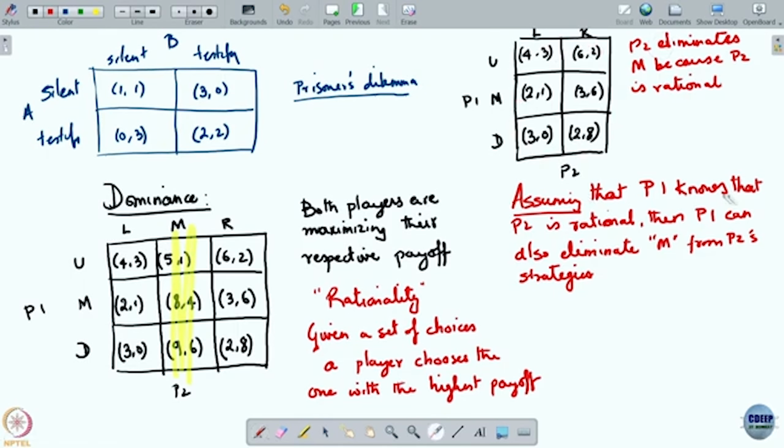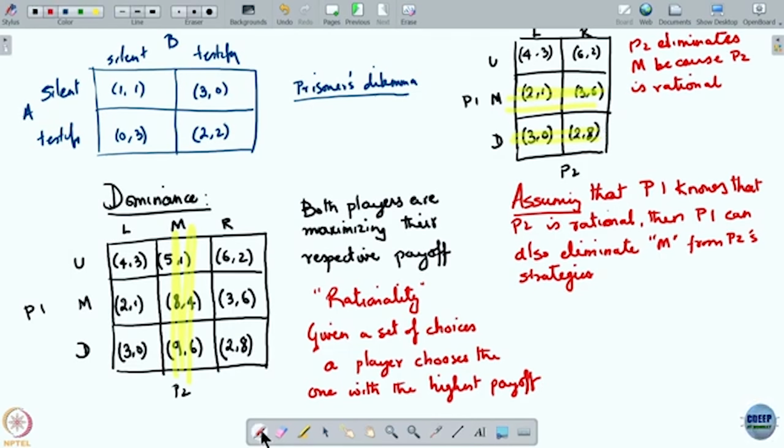If I assume that player 2 knows that player 1 knows that player 2 is rational, then player 1 is also looking at this matrix, and in this matrix now U is better than both M and D for player 1. So, player 1 can therefore eliminate M and D. We can just verify this: 4 is better than 2 and 3, 6 is better than 3 and 2. So I can eliminate both M and D.